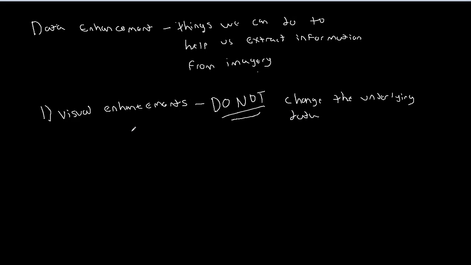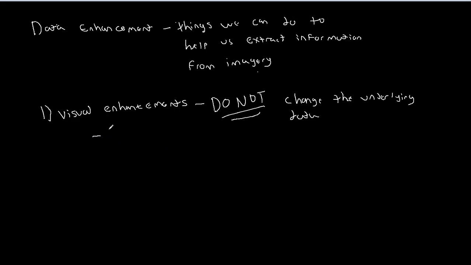Now, when we talk about visual enhancements, you may think that they're changing the underlying data, but when we talk about the second category and give some examples, you will hopefully see that there's a big difference in terms of what visual enhancements do.